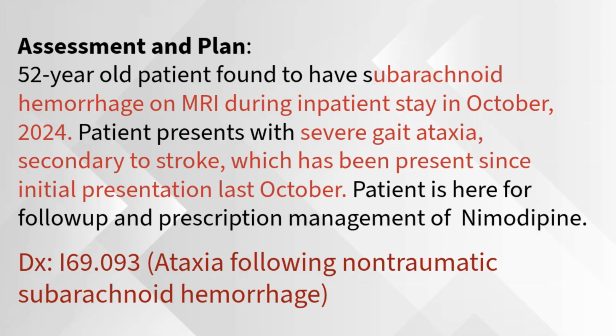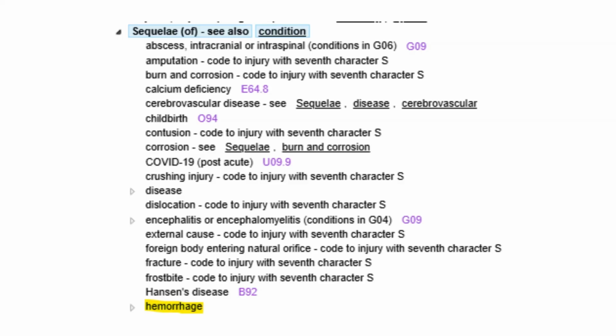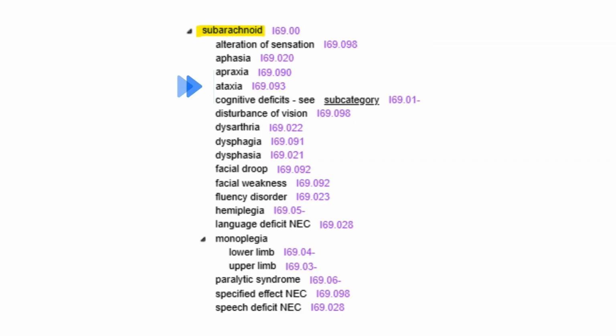So the correct diagnosis code for this encounter is I69.093 for ataxia following a non-traumatic subarachnoid hemorrhage. When determining what code to assign, I referred to my coding book and found the term sequelae, followed by hemorrhage, then subarachnoid, and finally ataxia.